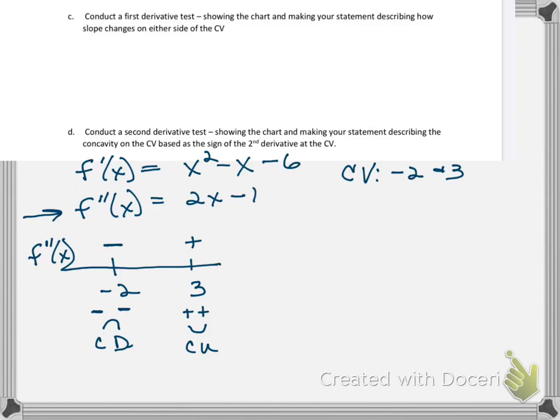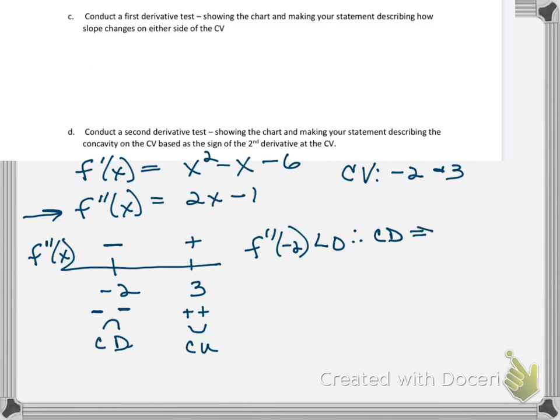Now you need your statement. This is a perfect statement. F prime prime of negative 2 is less than 0. Therefore, your original function, your f of x, is going to be concave down there.